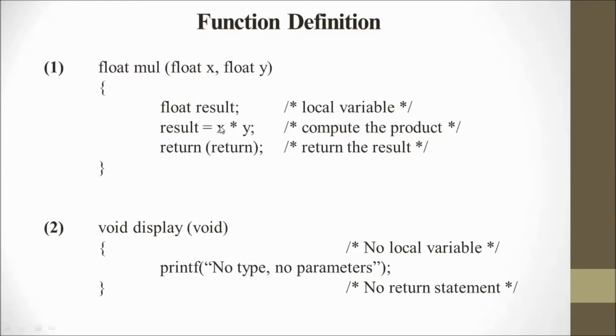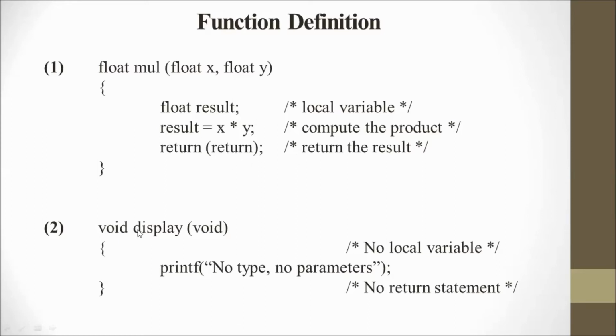So the product of the two variables will be stored in the result variable, and then return result. Here should be return, and here should be result. So the typing mistake is here. Here should be result instead of return. So we return the result to the main function. Okay, so here is the typing mistake.